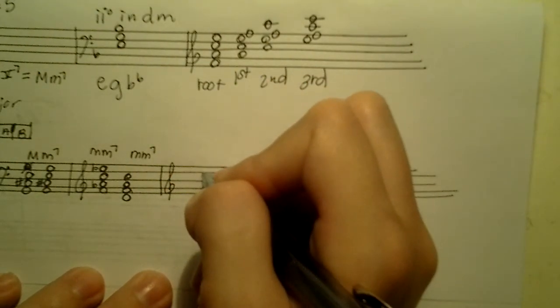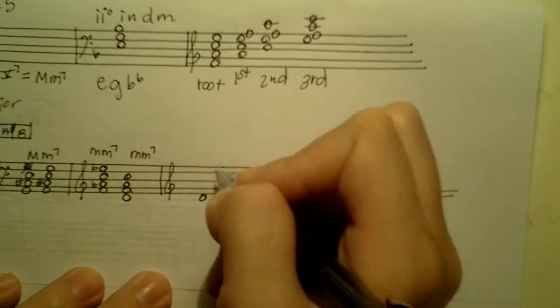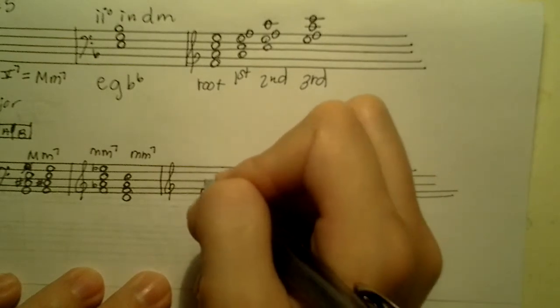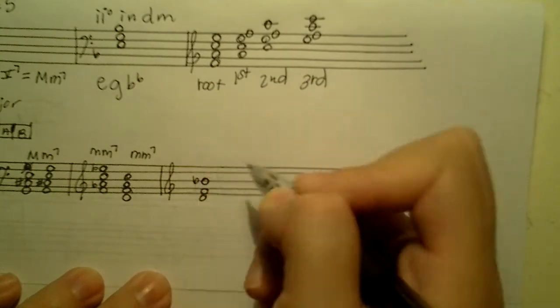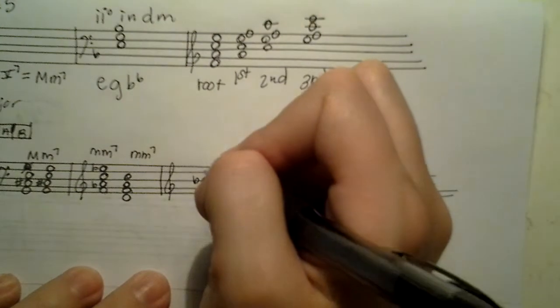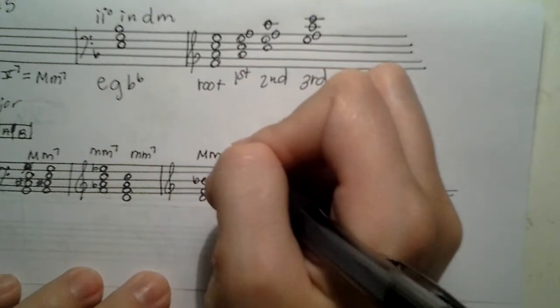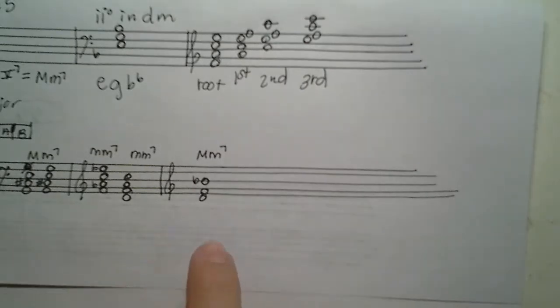So let's say that we have a D here and an F and then a B flat. And it's asking for a major minor 7. So you have to add one note to this to make it a major minor 7.